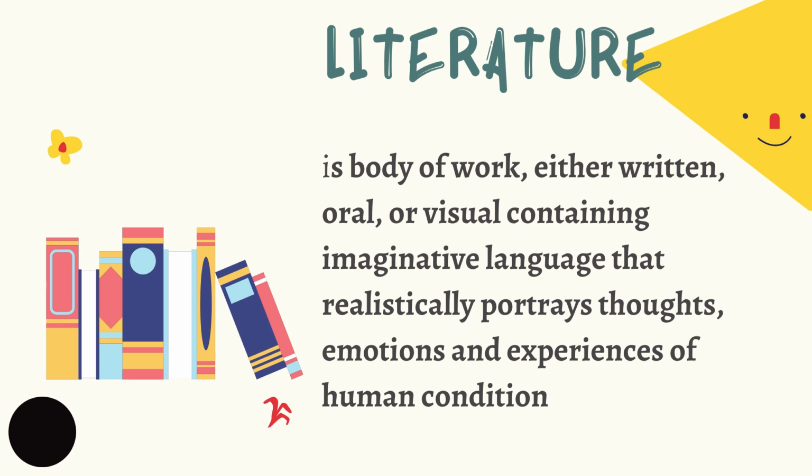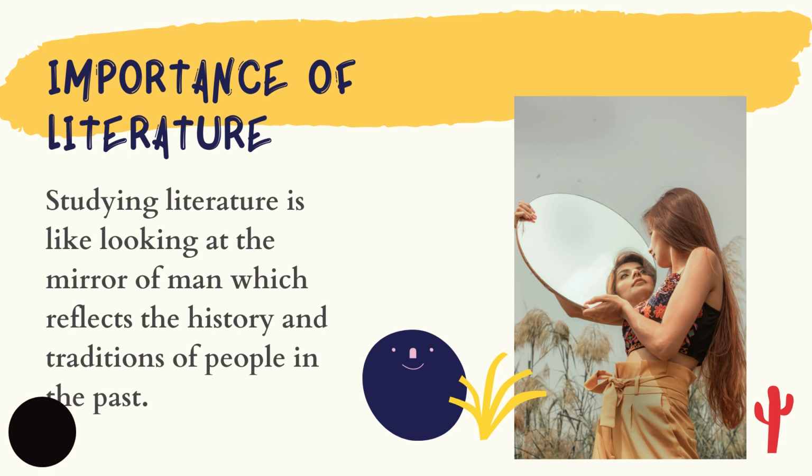And we can learn different traditions, cultures that people had before, and still we practice even in the modern world. So, as much as we want to define literature, we also have to consider its importance. So, let's take a look at the following statements.